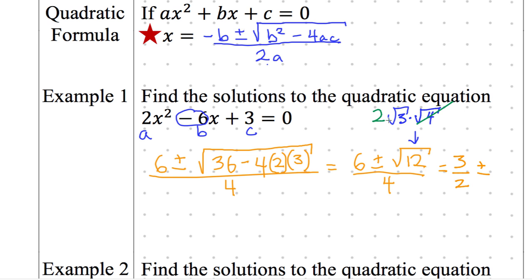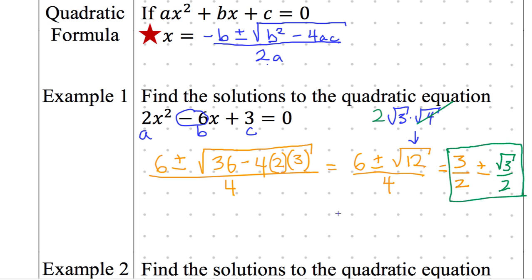So if I have 2 square root of 3 over 4, I can divide the top and bottom by 2, right? That 2 goes away. This 4 turns into a 2, and my final fraction after doing all of that is, there it is.